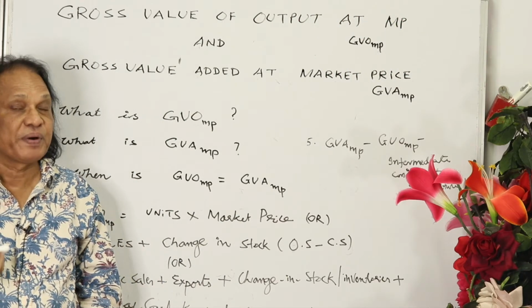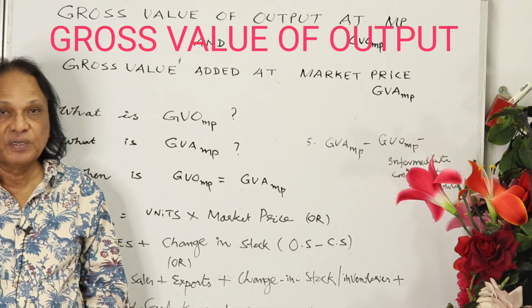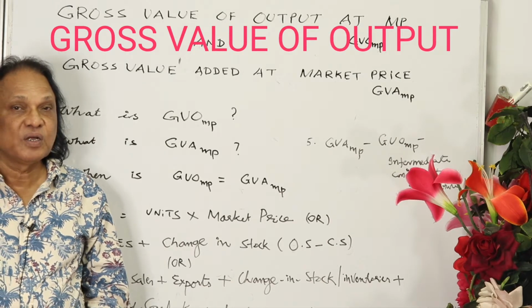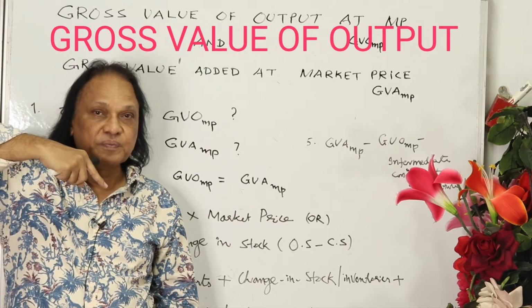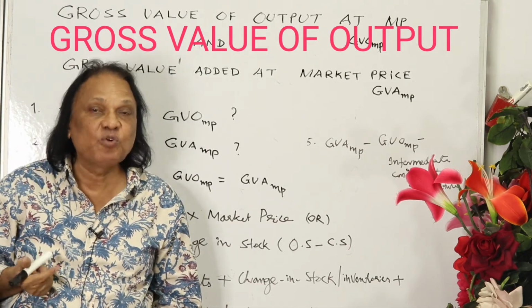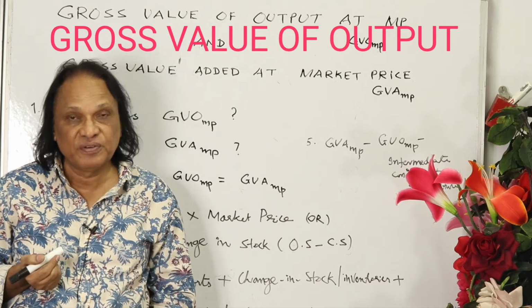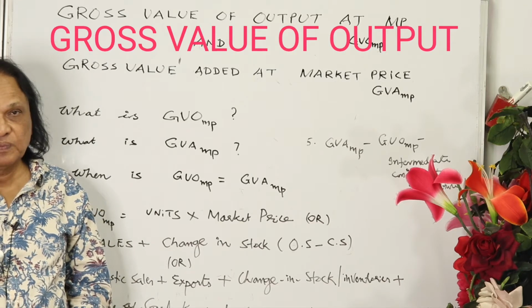And when you calculate the value of output in the market, how much you are selling it for, that's known as gross value of output, GVO at MP.